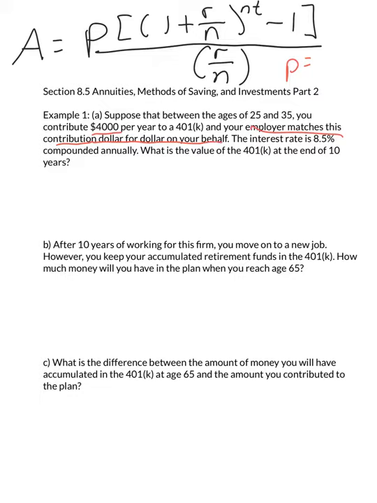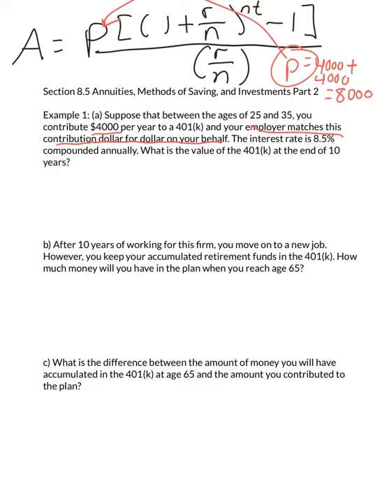So, in other words, if we're putting forth $4,000, our employer is also putting forth another $4,000. So my deposit amount is not just $4,000, it's the $4,000 we're contributing plus the $4,000 our employer is contributing. Of course, when you add those together, $8,000 is what we're going to plug into P.